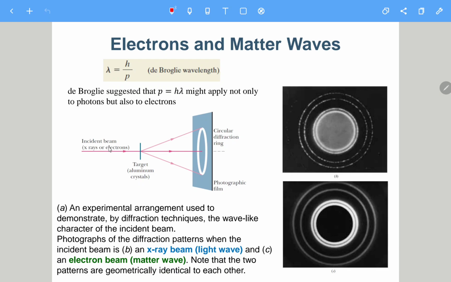Actually in the 18th or 19th century, they already had this experiment for light, and then shoot on some target, aluminum crystals, and then there will be some pattern, something like this side is lighter and the other side is darker, which is farther away from the center.